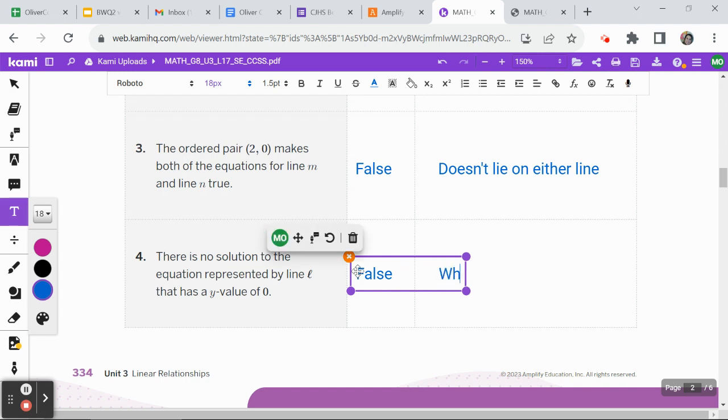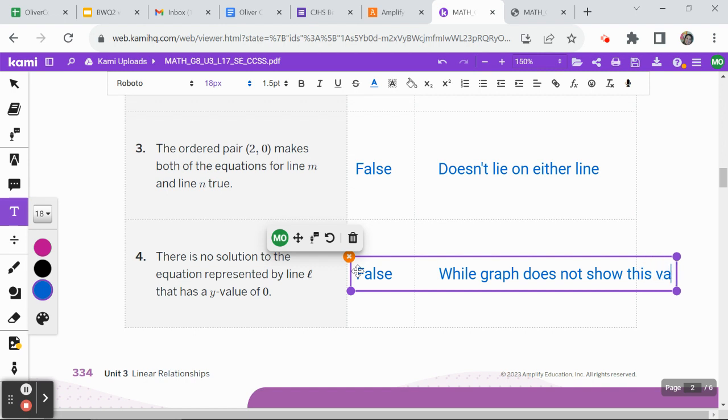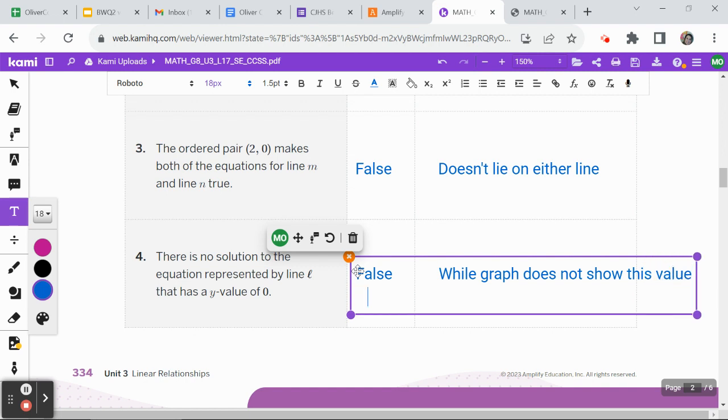Now, while the graph does not show this value, I know it will eventually cross the x-axis.